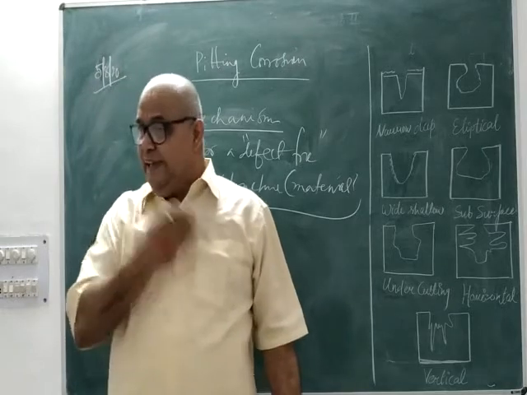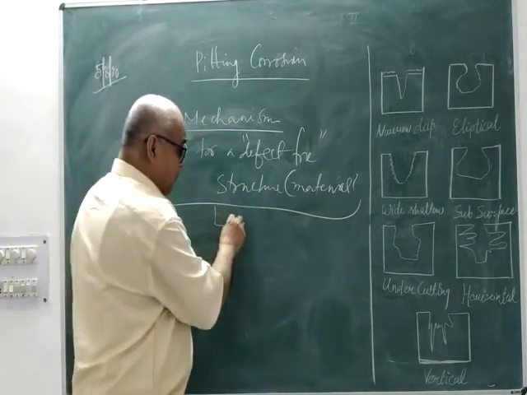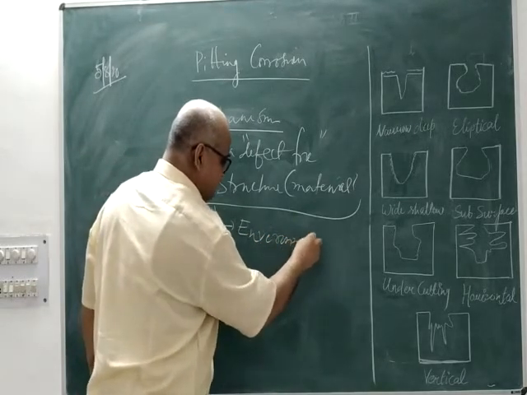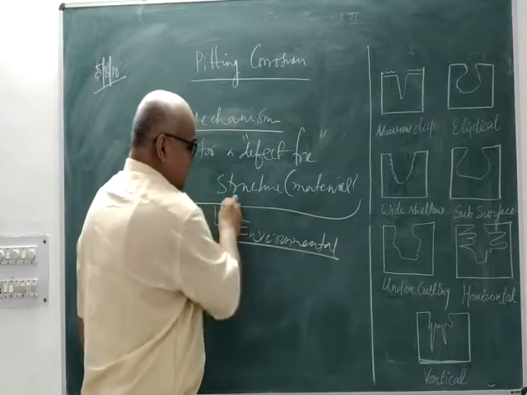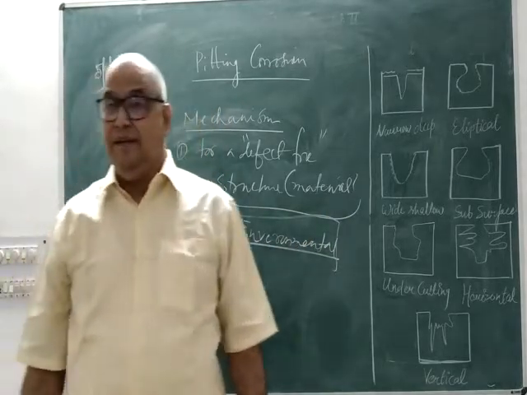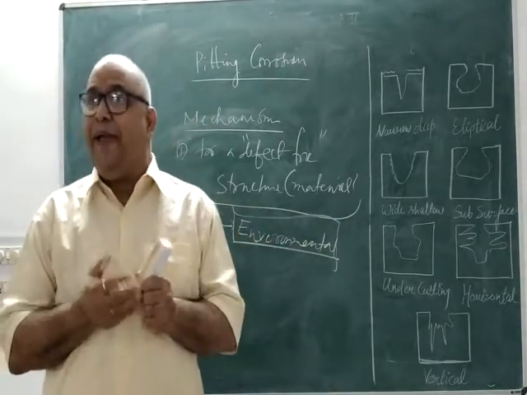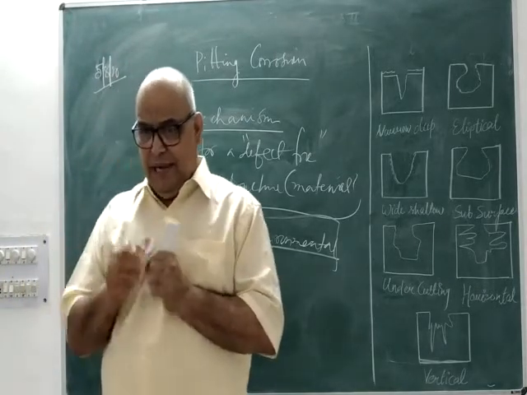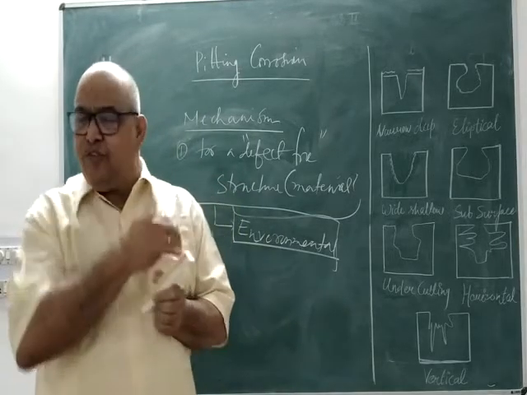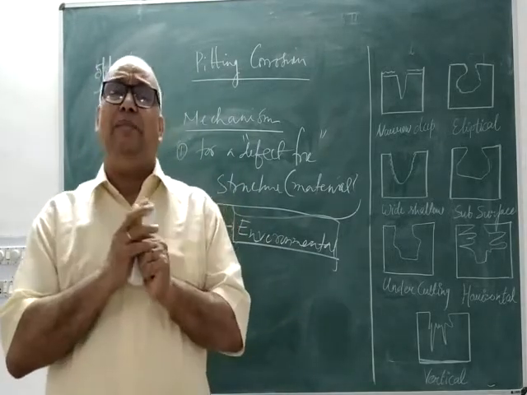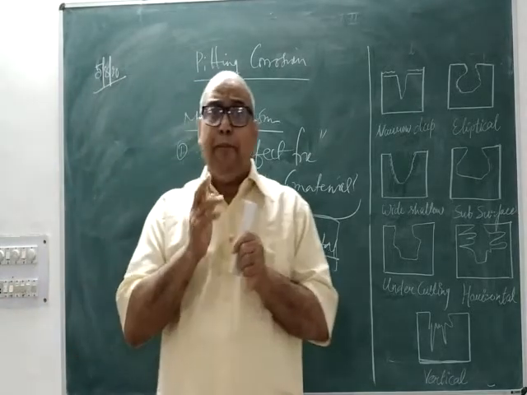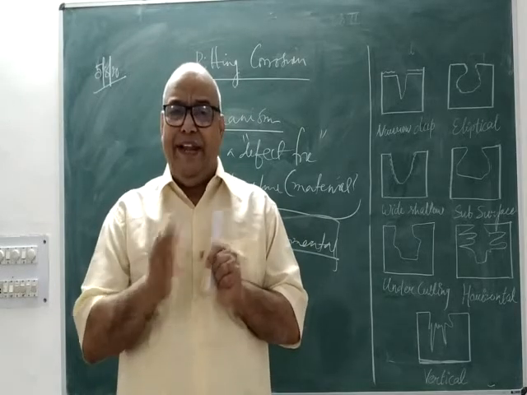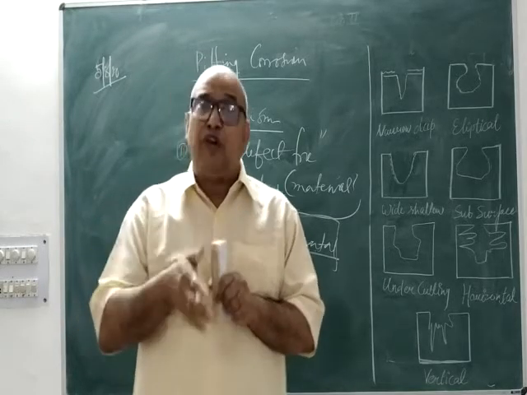But here the corrosion will proceed by an environmental type of attack. The environment may contain some aggressive chemicals like chloride, and this chloride ion is particularly very damaging to the passive oxide layer, as a result of which pitting corrosion will start at the point of destruction.